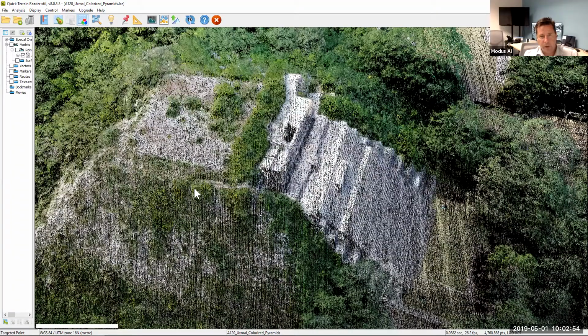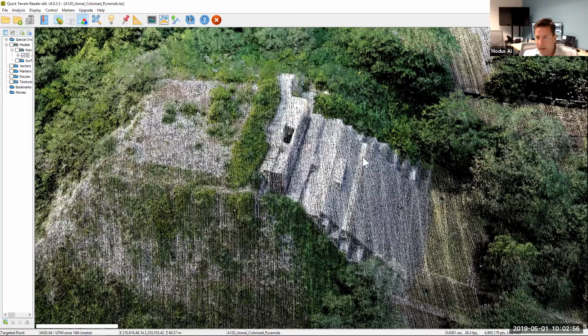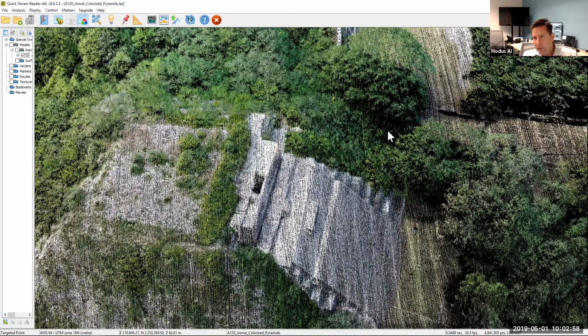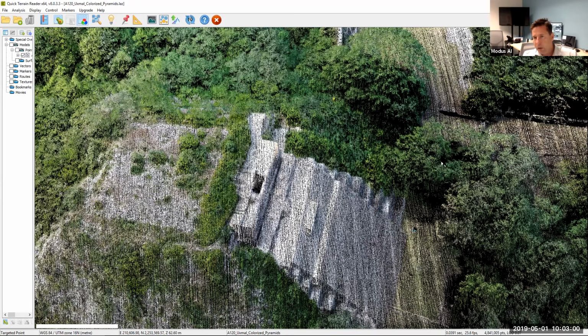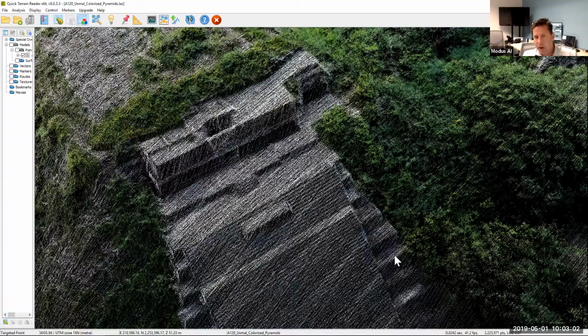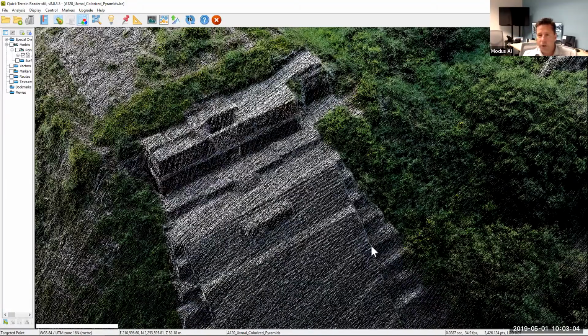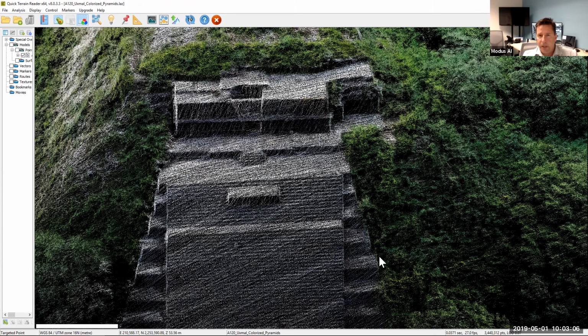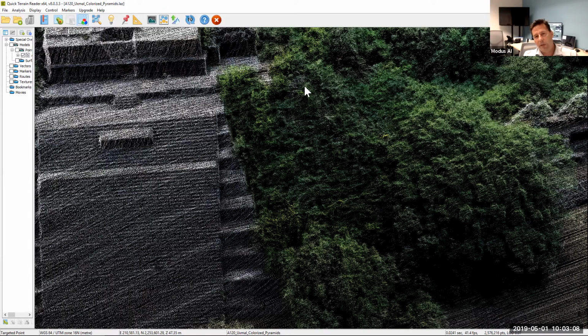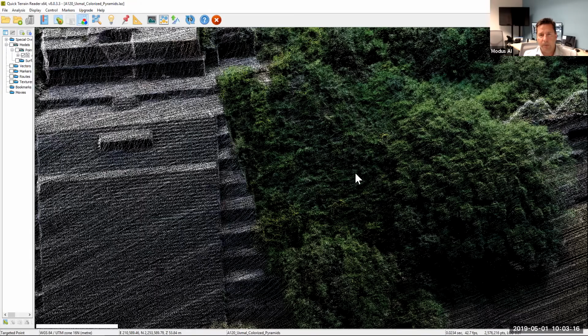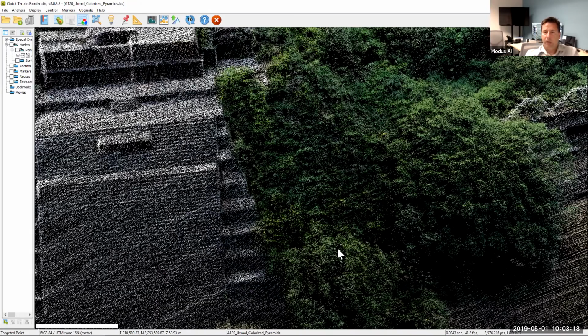Just an aerial shot gets us this, but now we're able to see up underneath and what kind of topography and features we can actually extract. So this is why you'd want to use this. And again, the colorization is going to help figure out that this is vegetation and this is actually earth or stone. That's why you'd want to use this type of modality.